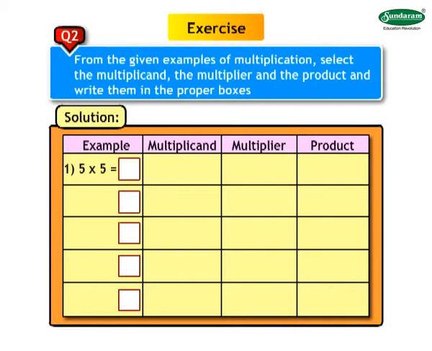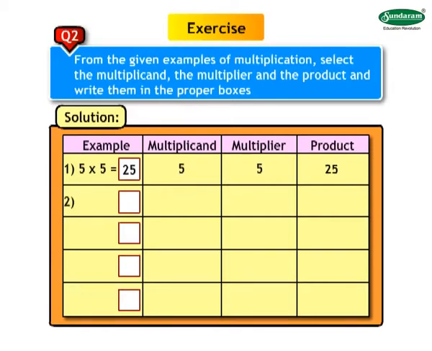Here we can say the 5 times table till 5 fives are, we get the answer as 25. So we will write 25 in the box of the product. Therefore, 5 is the multiplicand, 5 is the multiplier, and 25 is the product.